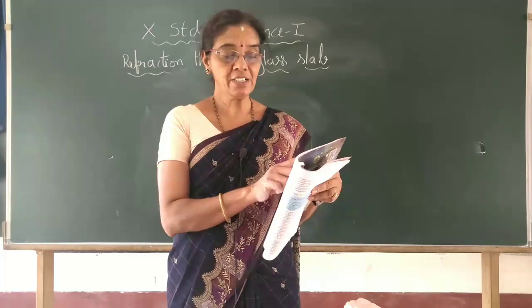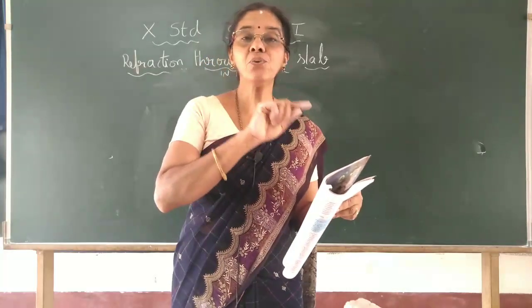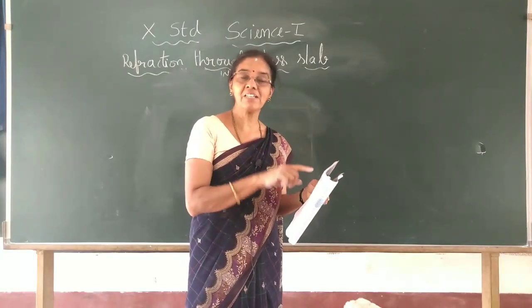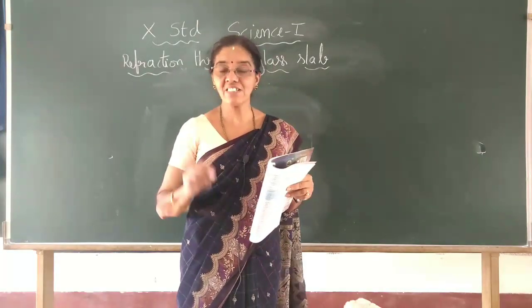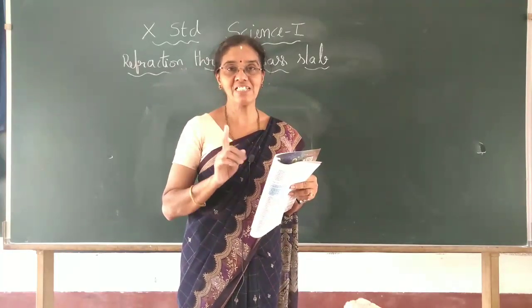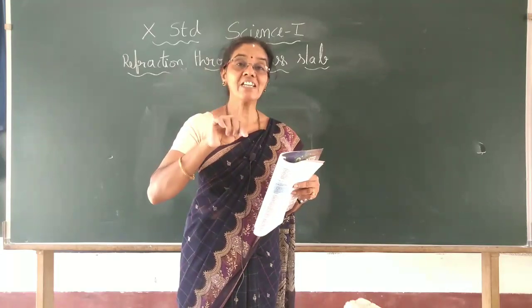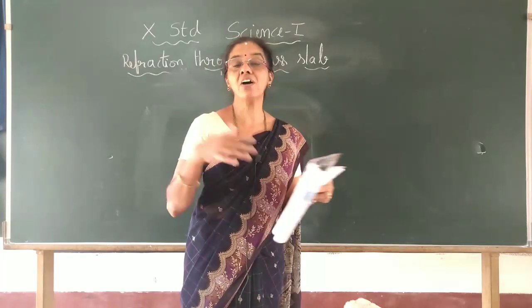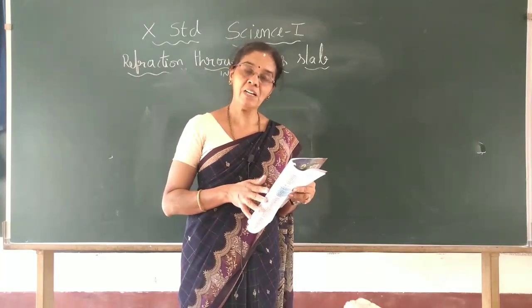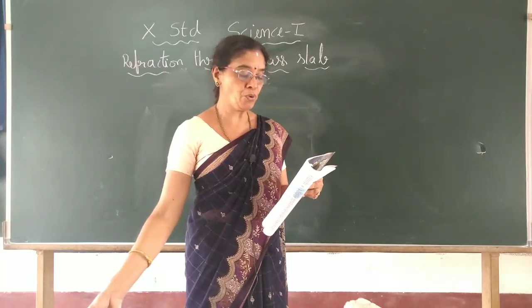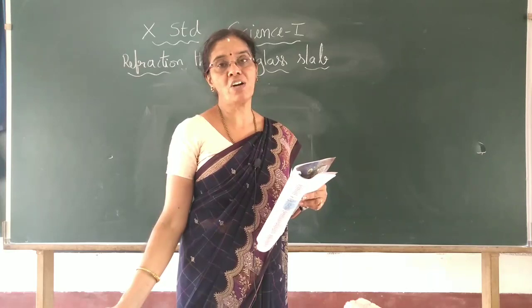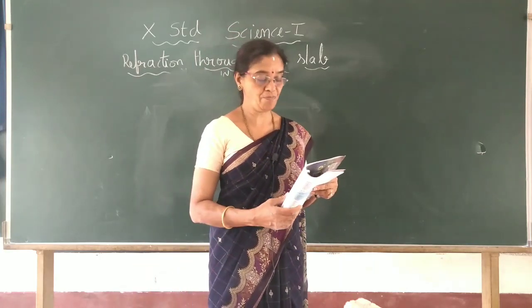Why? Here, light is traveling from air to water. Air is the rarer medium and water is the denser medium. So light is traveling from rarer medium to denser medium. In denser medium, it always moves towards the normal. So the answer is it will bend towards the normal, because water is denser than air.